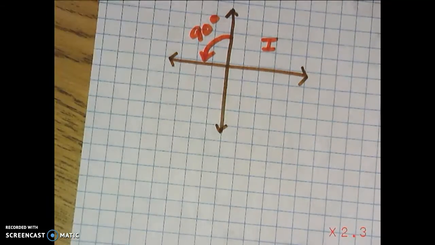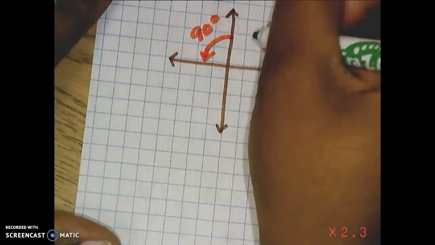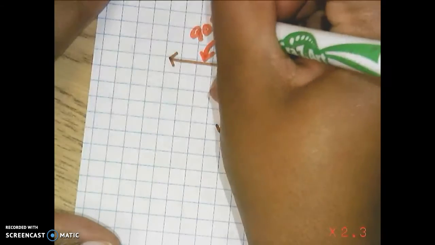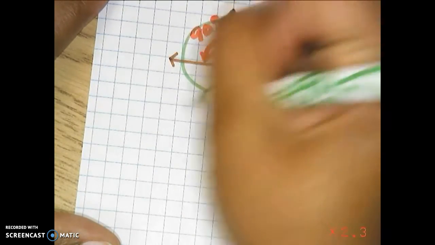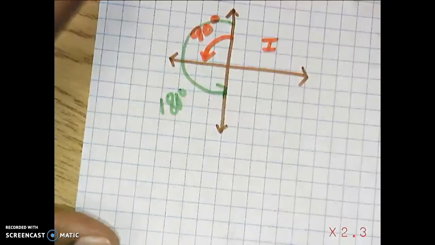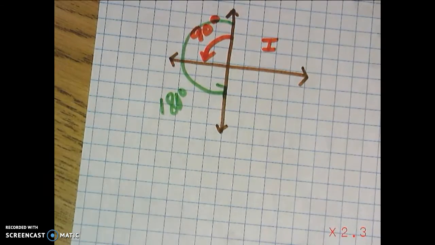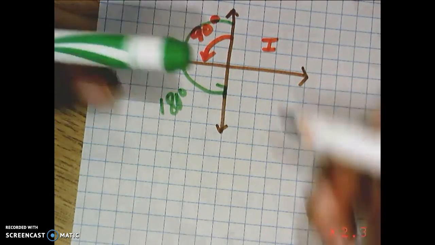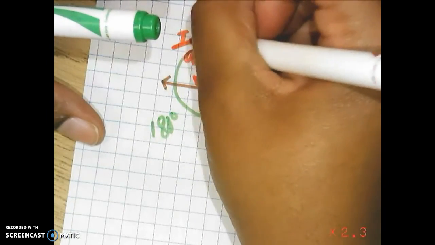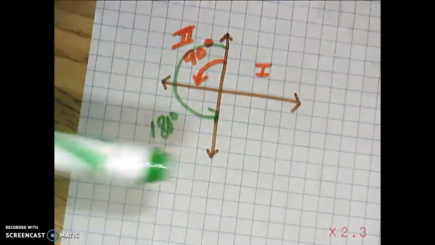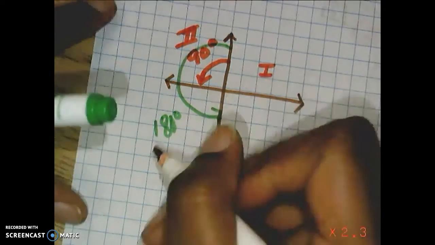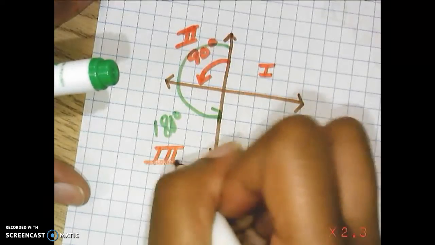But if I start off at quadrant 1 and I go 180 degrees, that's going to put me in quadrant 3. So I started off at 1, went over to 2 for 90, and quadrant 3 would be a 180 degree rotation.